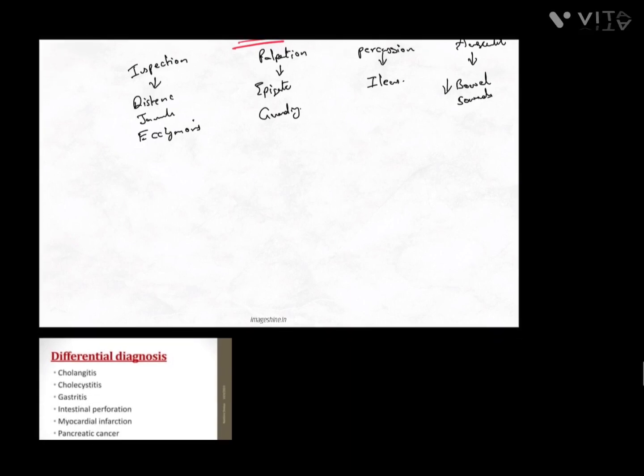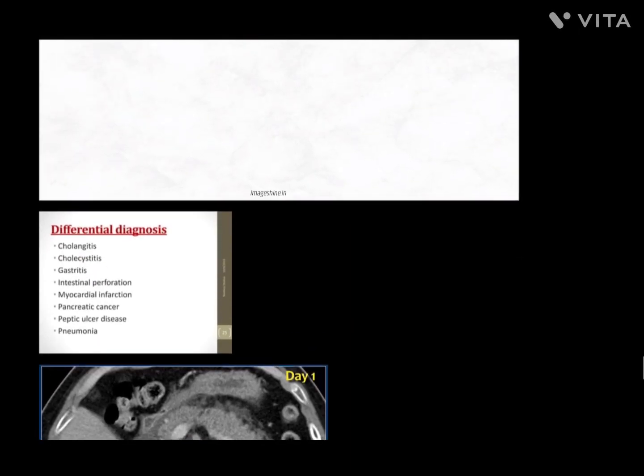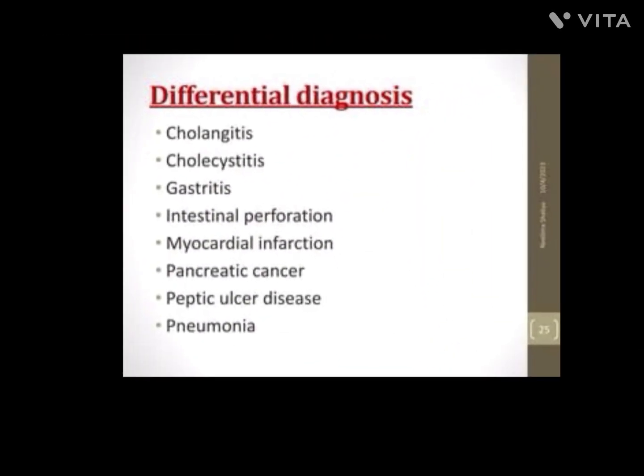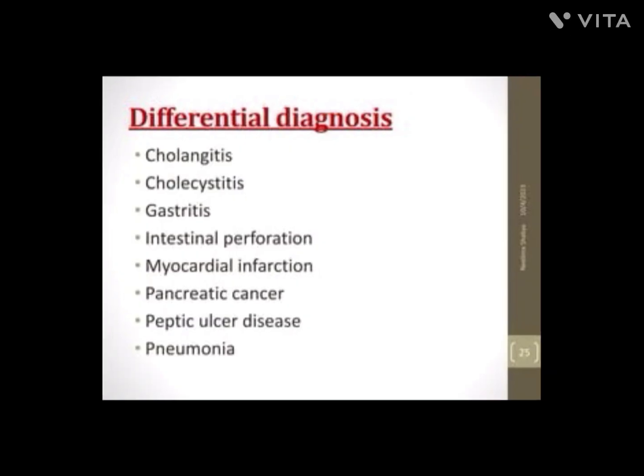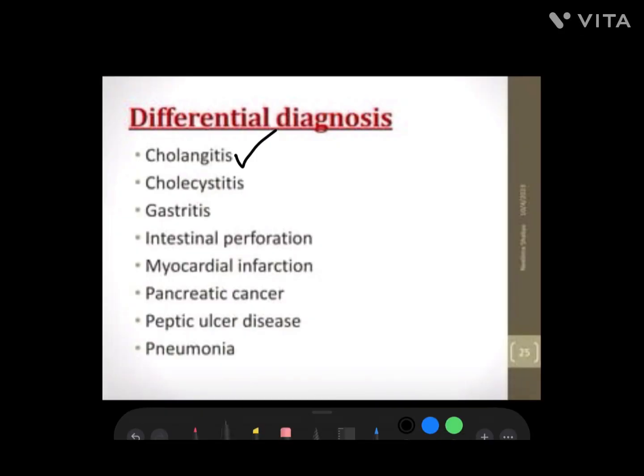Okay. Next we have some differential diagnoses for pancreatitis, because this condition can be mimicked by other conditions. First, we can see cholangitis. The patient gets the same pain with cholangitis and cholecystitis, but in cholecystitis the Murphy sign will be positive.